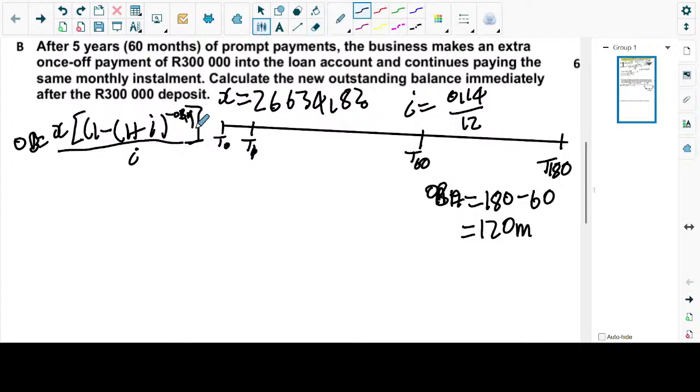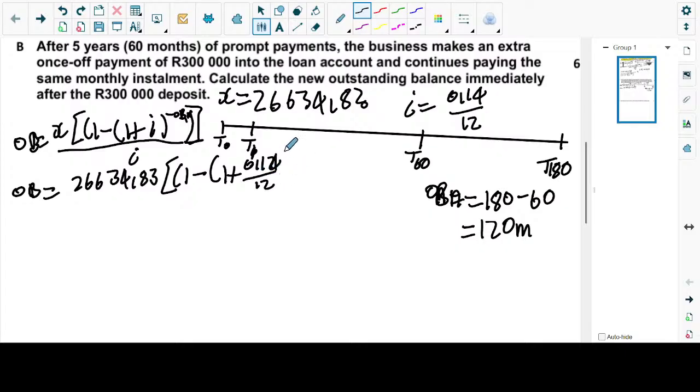Now it's the method of substitution. We're going to sub. OB is equal to, remember our X is 26,634.83. Open the bigger bracket, then a small bracket, 1 minus, open another bracket, 1 plus i, where i is 0.14 all over 12, close the bracket.